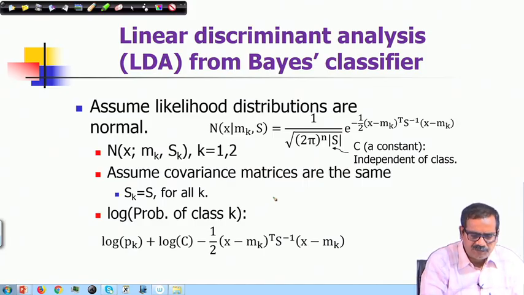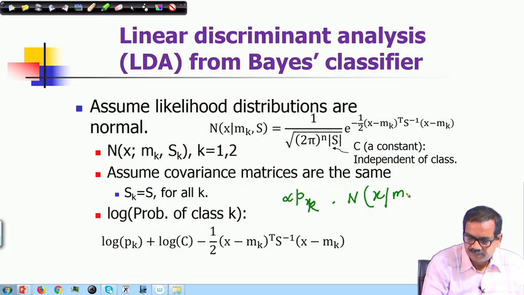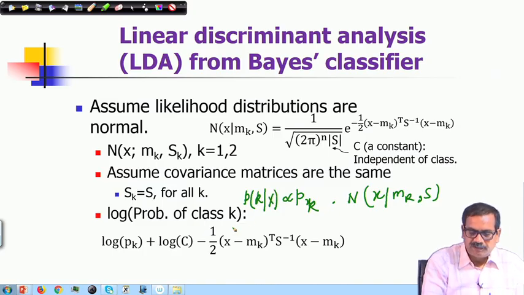So, the posterior, the probability of k given x, is proportional to this value.